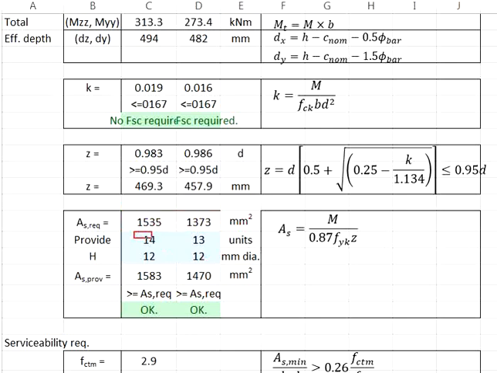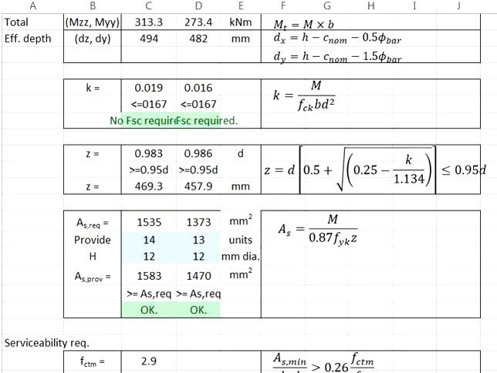We propose 14 units of H12 mm rebar in the major axis, and then 13 units of H12 mm rebar in the minor axis. The total rebar area here is slightly larger than what is required.